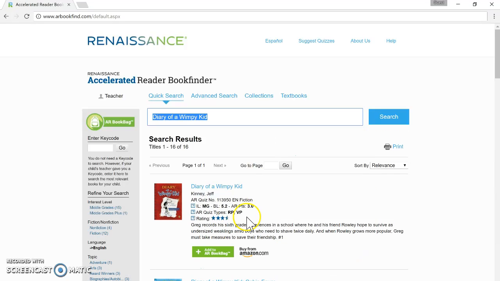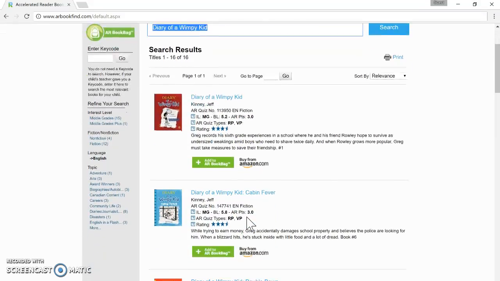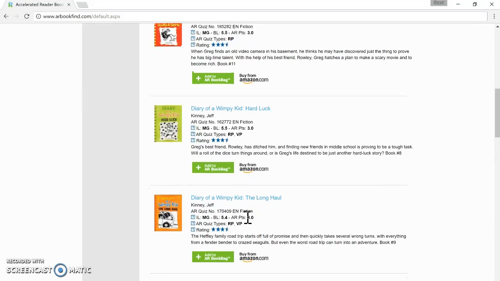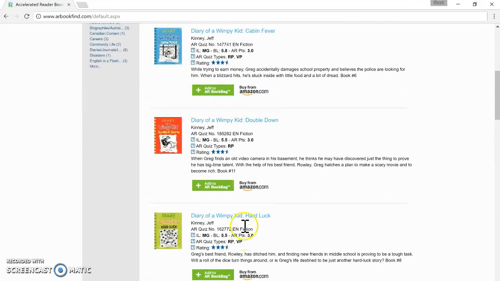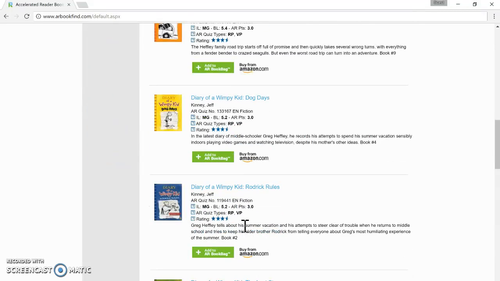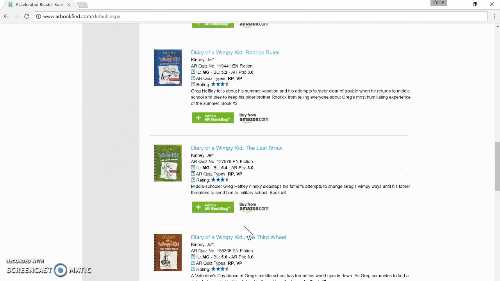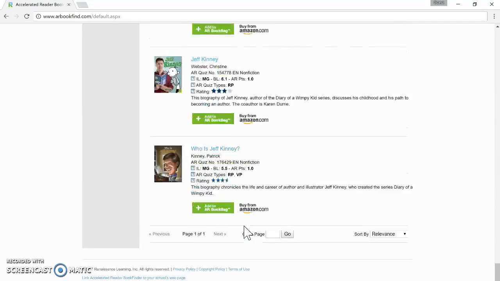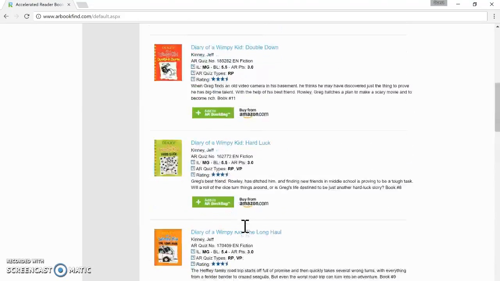You're going to get quite a few results. Now, something that I've discovered based on use is that you've got to make sure that you are selecting the book in the correct language that you have in your library. So many times books are printed in several different languages.